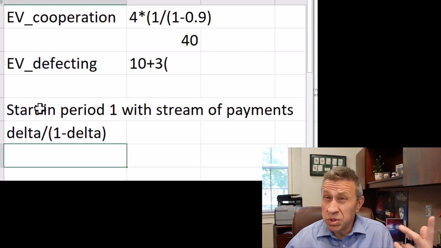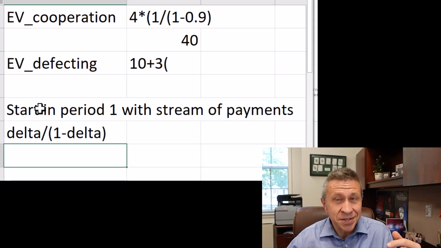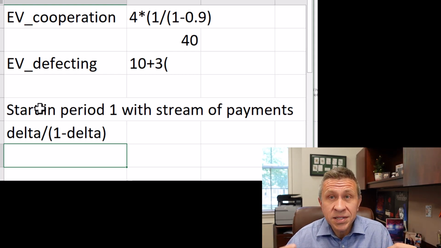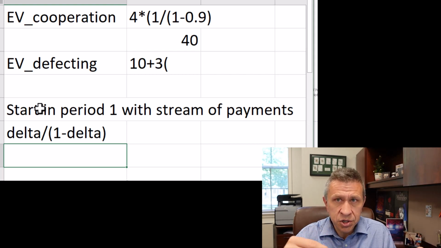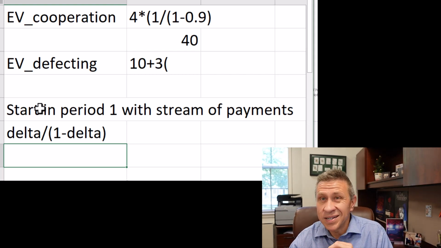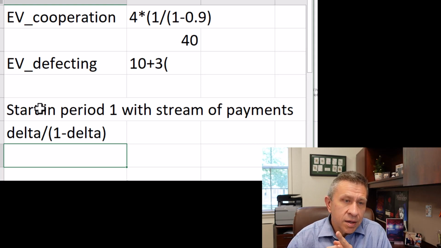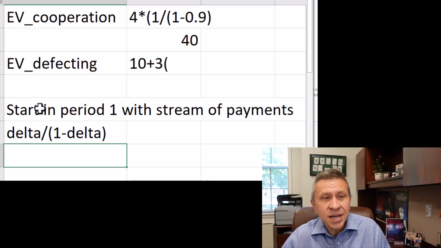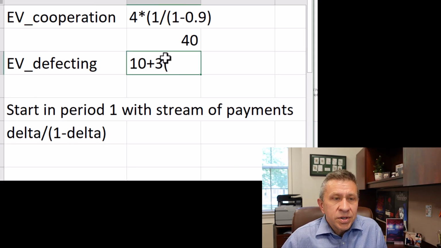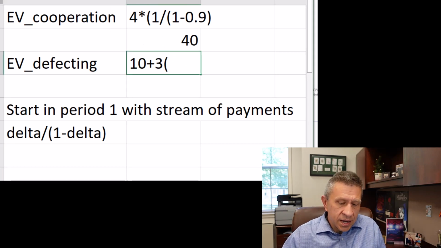Another way you could think about this is you could start with 3 times 1 over 1 minus delta, but remember, you're not getting the 3 from the initial period. You've gotten 10 before. So you could take 3 times 1 over 1 minus delta, subtract 3. You'd come up with the same answer. But you could take delta over 1 minus delta, and you'd come up with that.